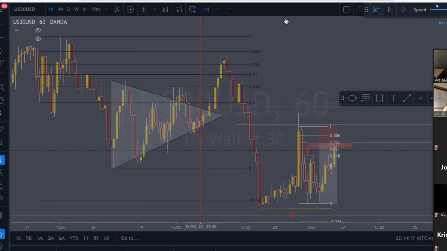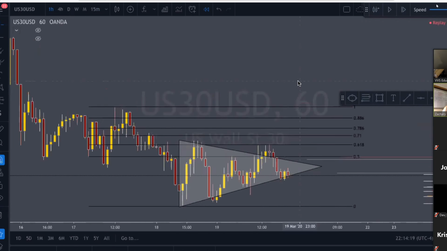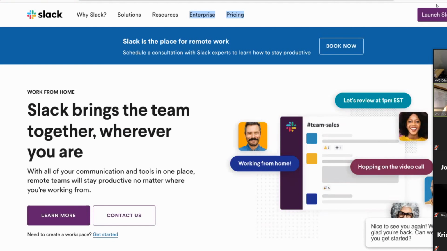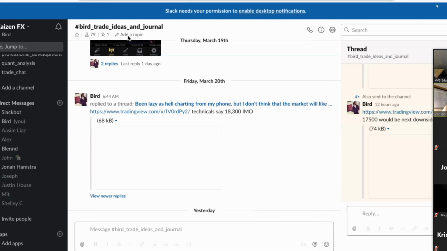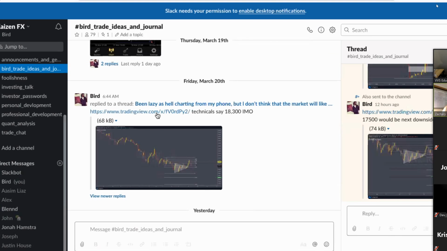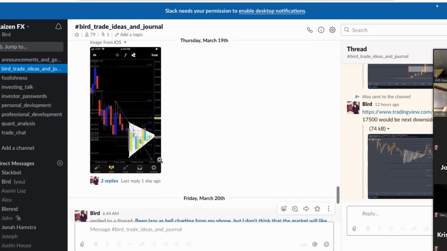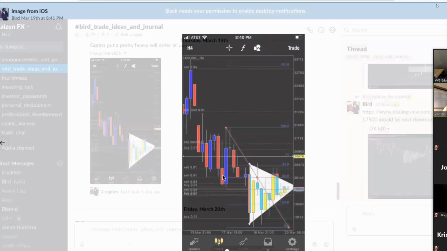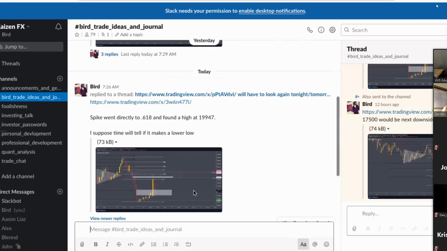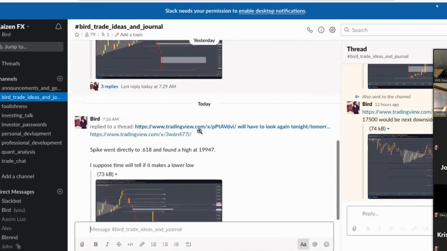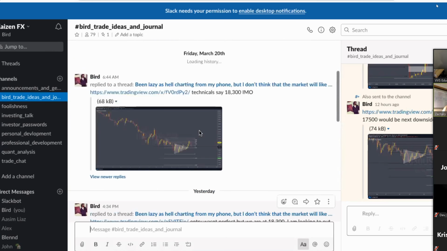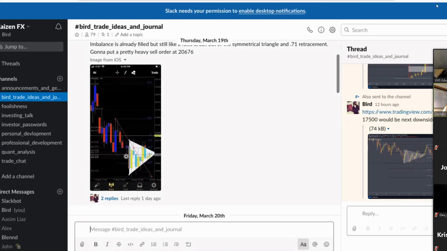So if you look in what I actually sent, I marked this on my phone, but it was more or less this, right? Pretty much I had the same thing marked on my phone, and I just waited until it actually retraced.